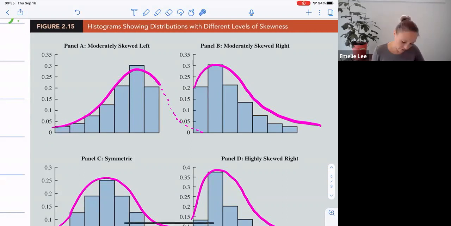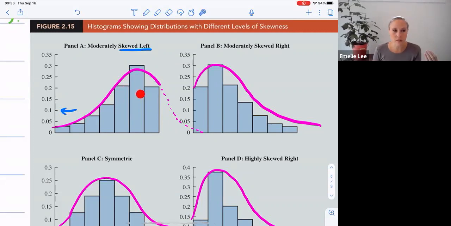And so for that reason, we say that this is skewed to the left, which means it's skewed in this direction. A way to remember is that it's always skewed in the direction of the tail. We're always talking about the tail as opposed to the lump.